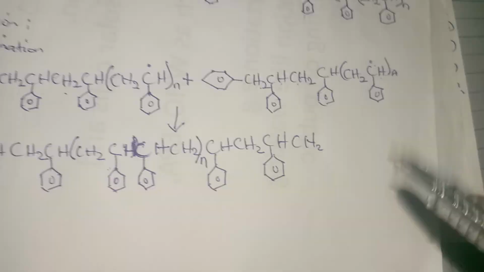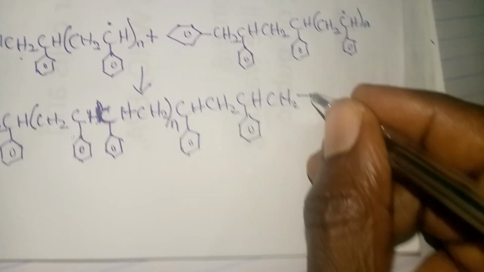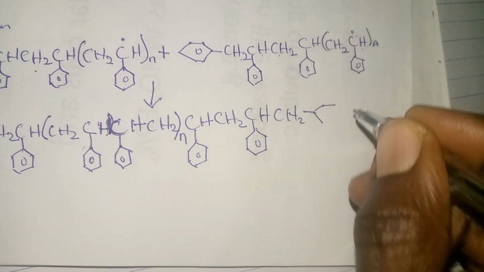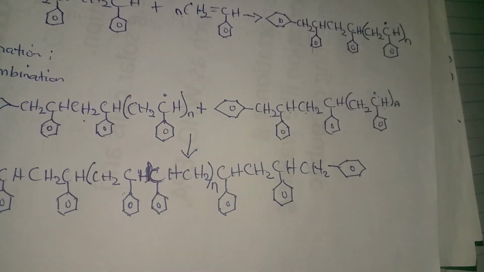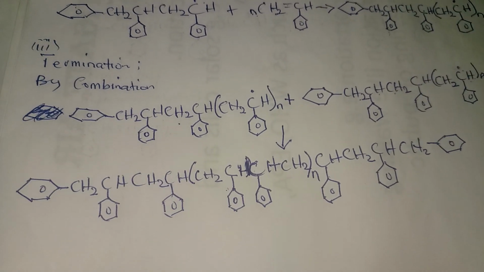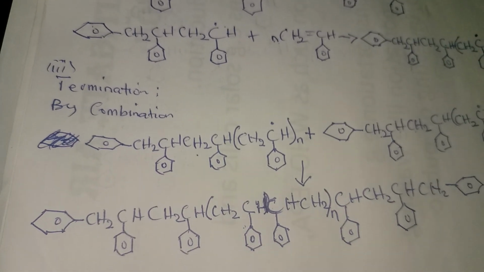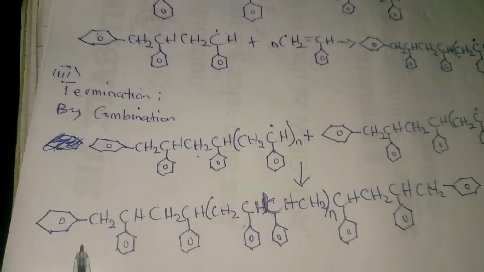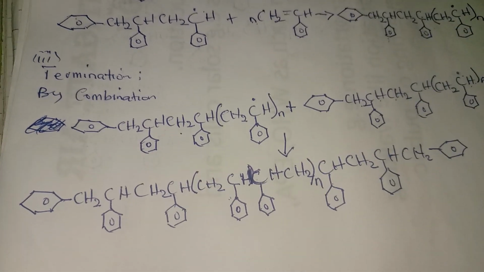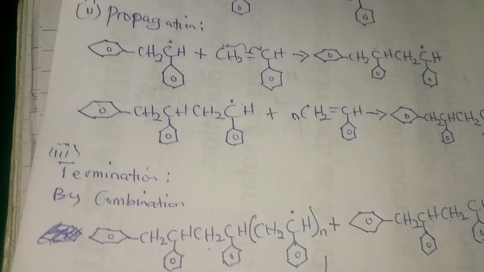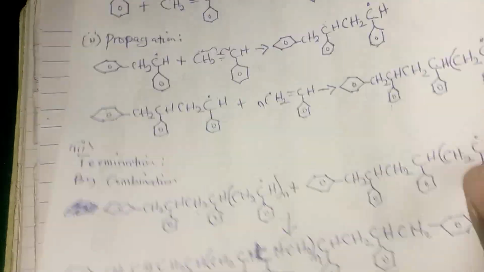So what I need to do now is the last one. I now have my phenyl group. It's very simple. So this method is the combination method. Maybe when we do another question, we are going to use the disproportionation method.